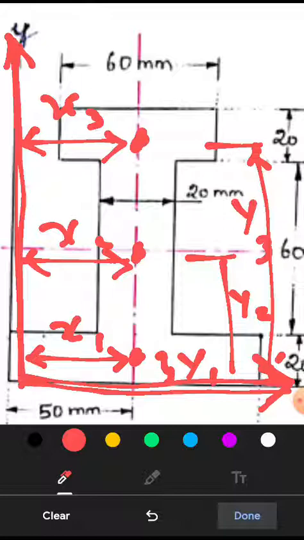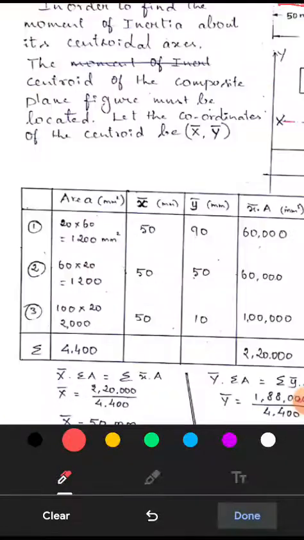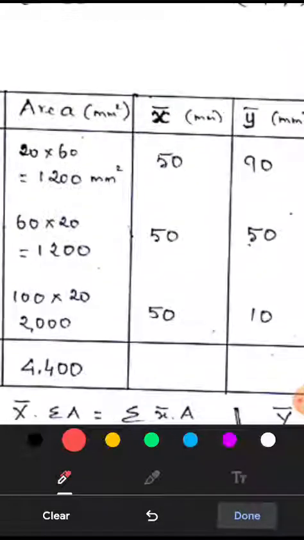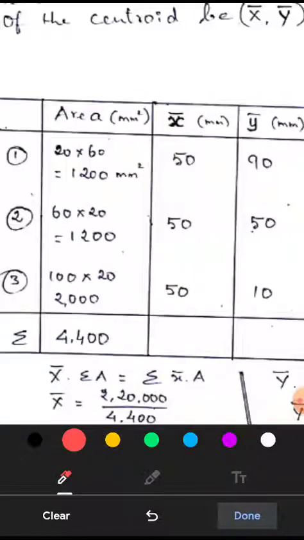Once we have found all these centroidal distances, and we know the areas of all three elemental rectangles, we can form a table like this, where we incorporate the areas, then the x bar and y bar distances.